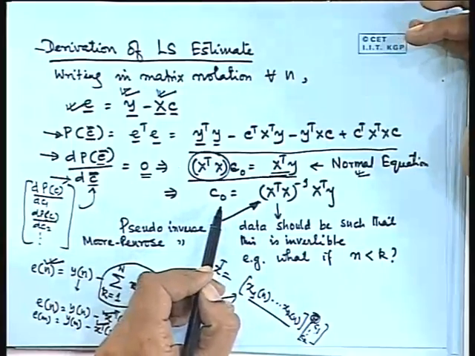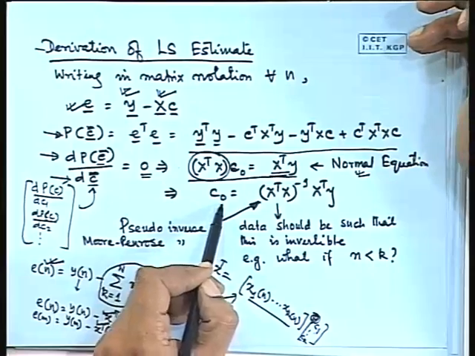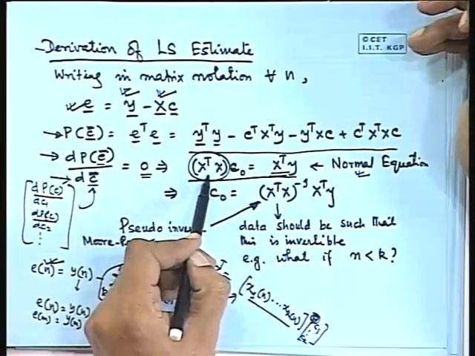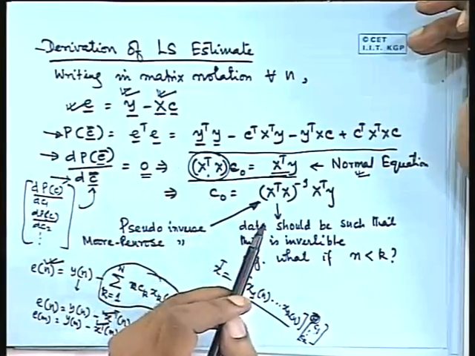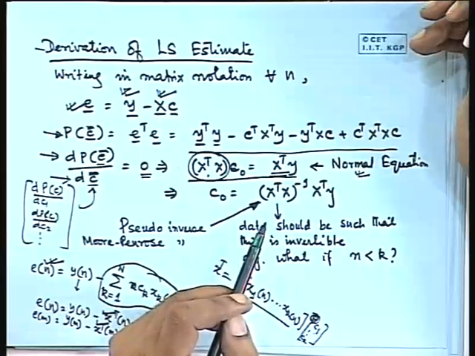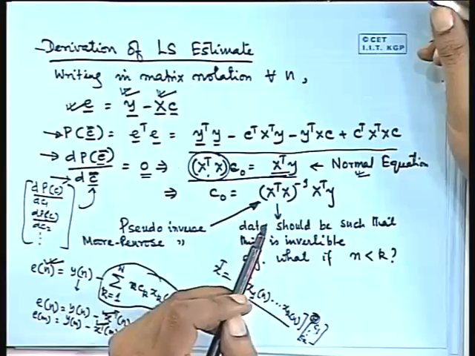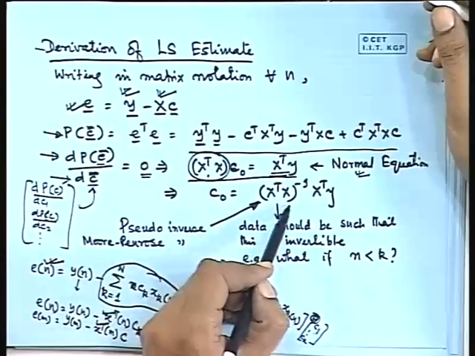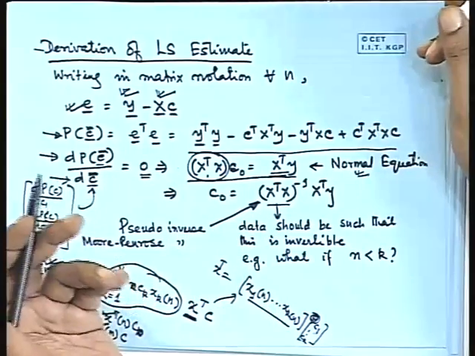So you get the same normal equation, and now what is the dimension of this matrix? I have written x transpose x inverse. Is it invertible? Is it square?